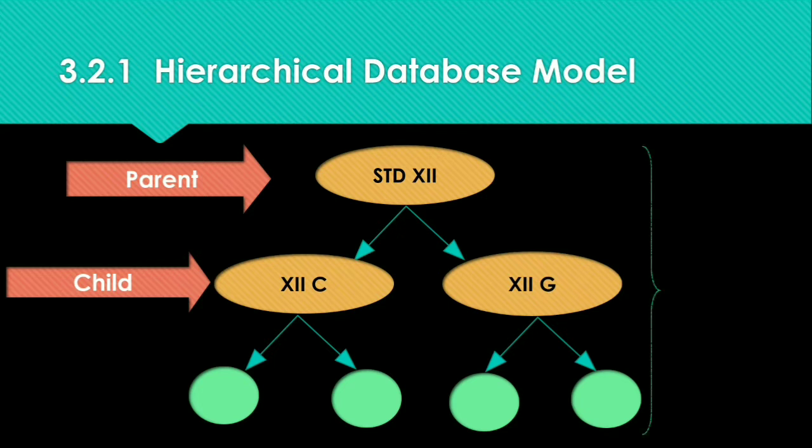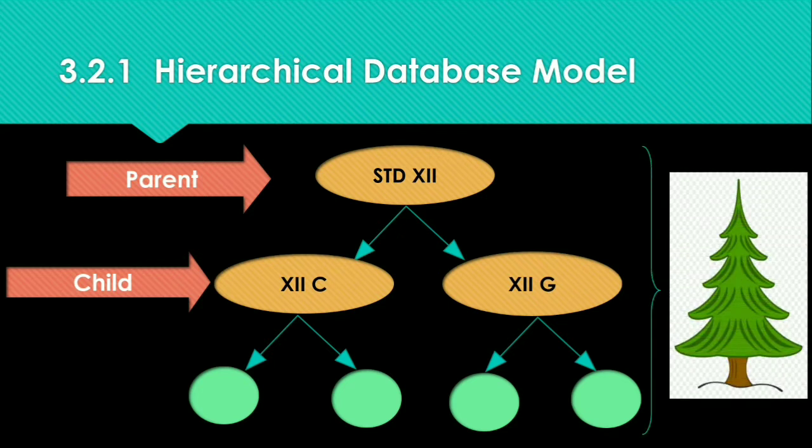The entire model looks like a tree structure. Observe it properly, because a parent will have many children but every single child will have only one parent. That is the main concept in the hierarchical database model, and there is no connection between siblings. That is, there is no connection between +2 commerce and +2 general.